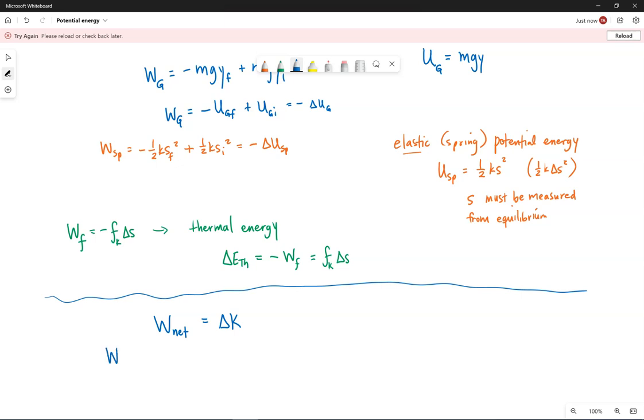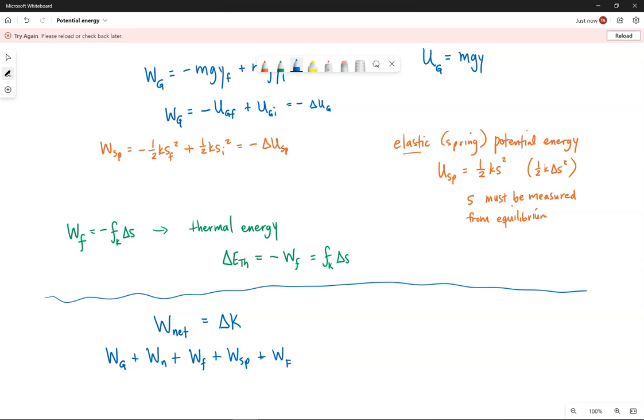So, work done by gravity, work done by a normal force, if there is a normal force, work done by friction, work done by a spring, work done by any other type of force we can think of. So the sky's the limit.